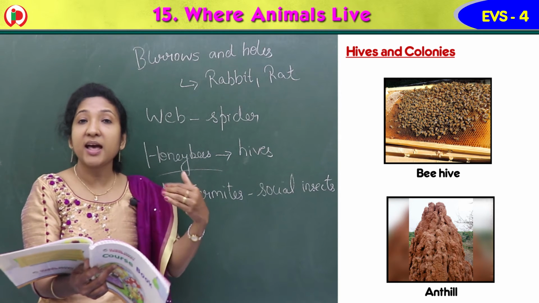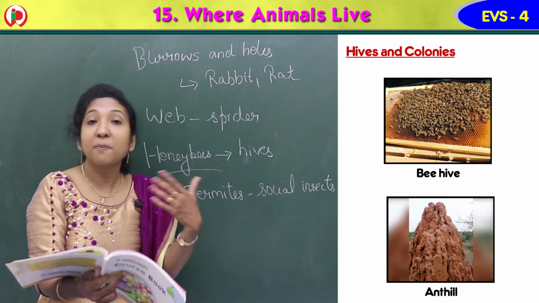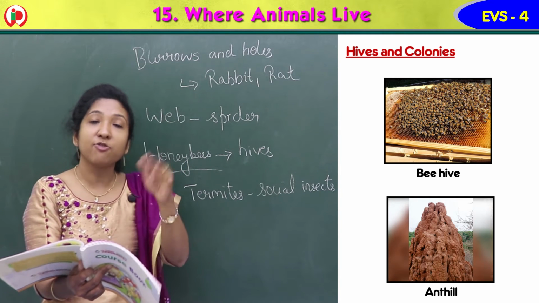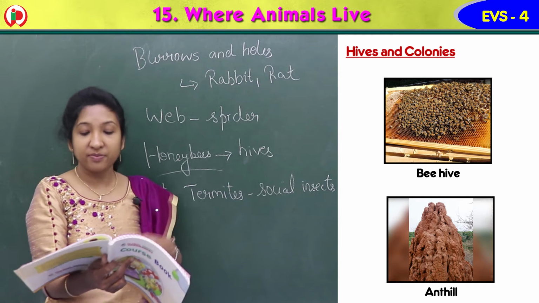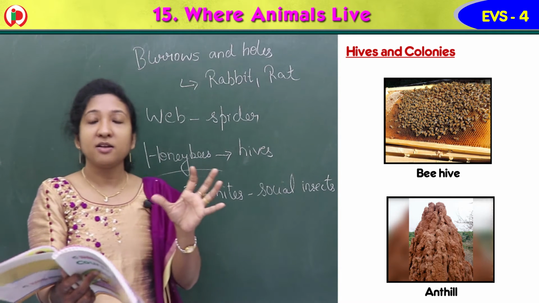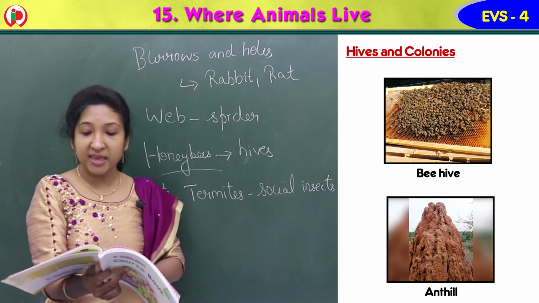And among them there are ants called worker ants, those who work for the ant hills or repair them. If anything happens to the hill, they work for it or repair it. So nicely in a group they live together. Social insects, ants, termites.